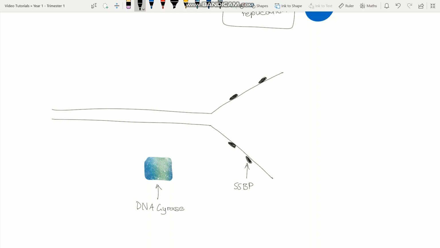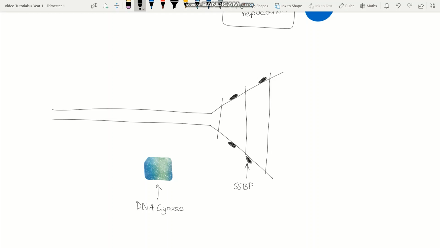To ensure that this doesn't happen, it allows for the cutting of the DNA strand into smaller sections to introduce nicks and therefore allow for the DNA strand to not be tangled in any manner.